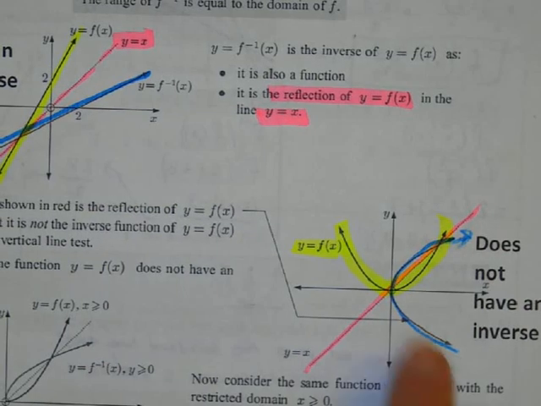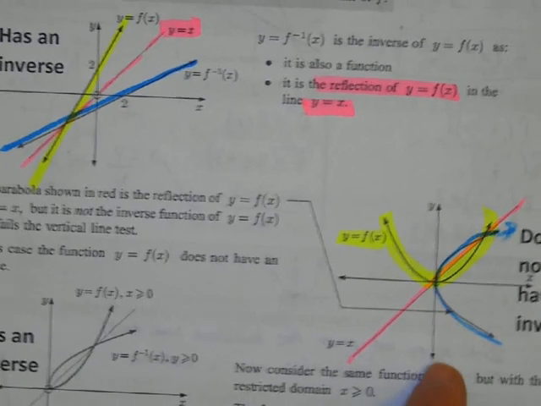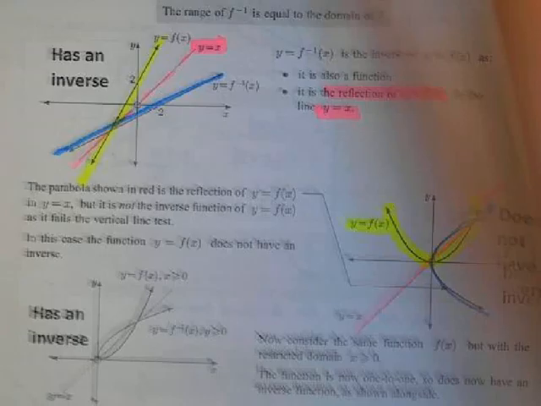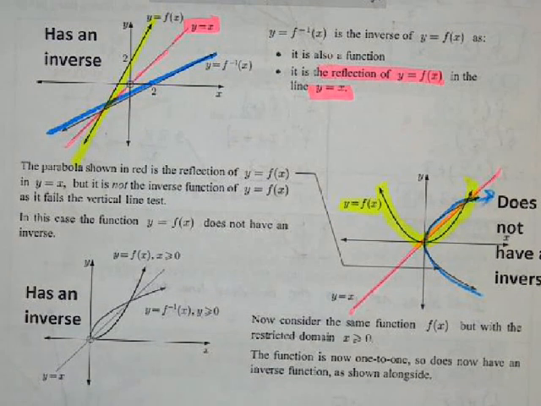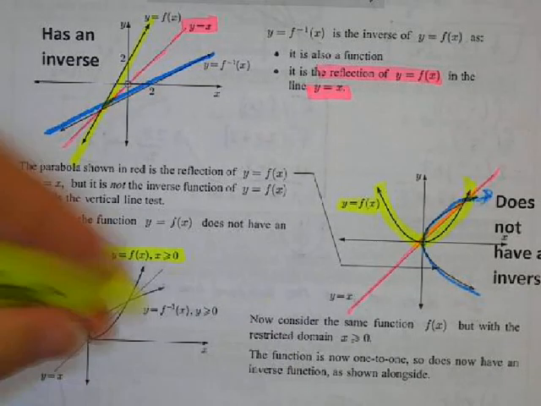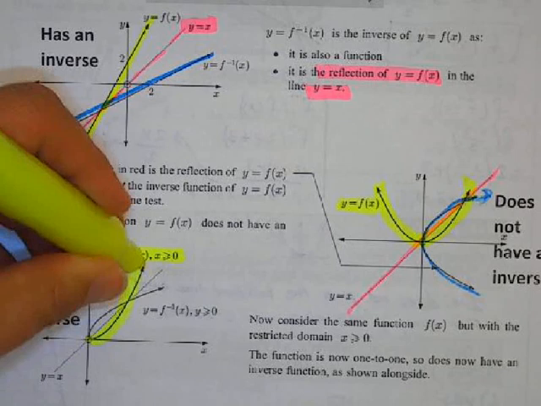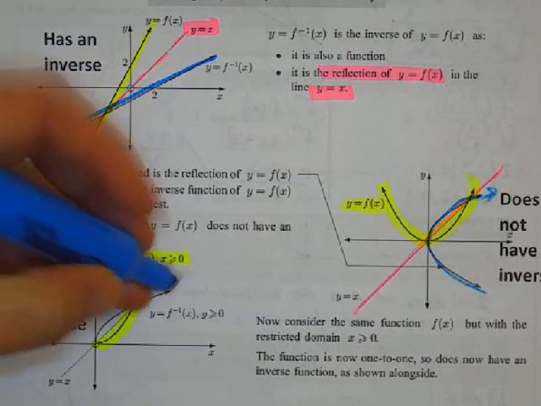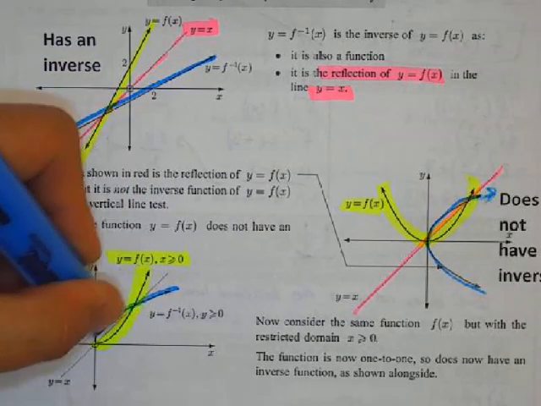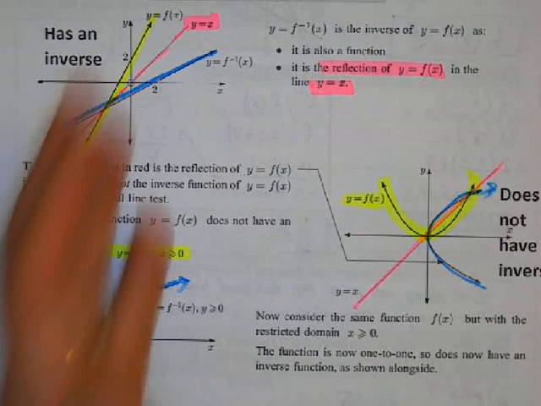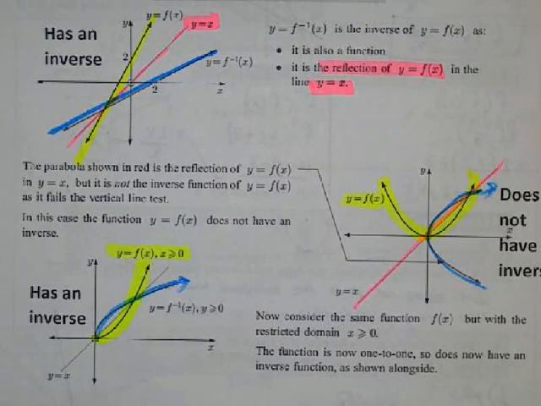So in order to make this a function, if we were able to restrict the domain and say we're only going to use half of the initial function, half of that parabola, then I'm only reflecting this part here, and it will be a function, because I could do a vertical line test on this blue graph and it'll be a function.